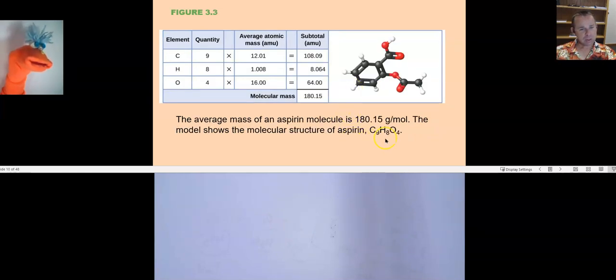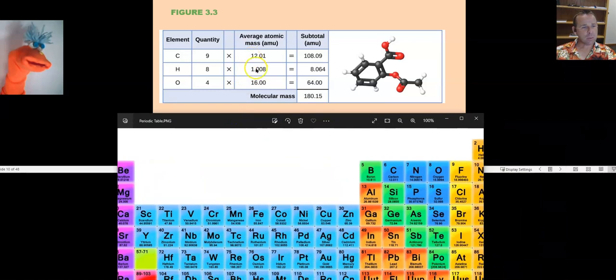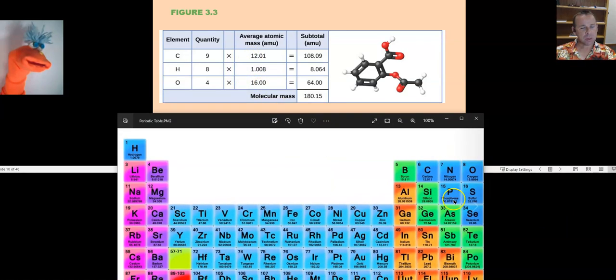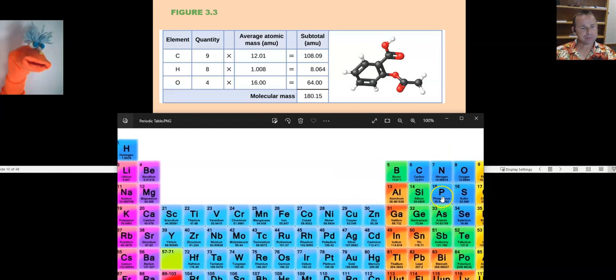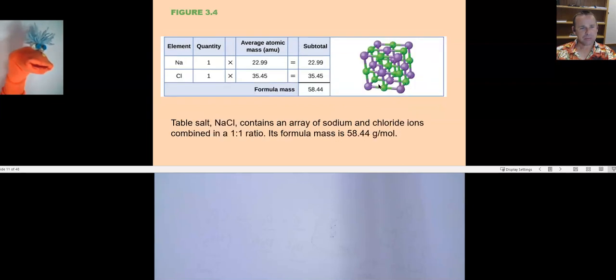Same system, chemical formula, 9 carbons, find the mass, 8 hydrogens, find the mass, 4 oxygens, find that mass. And again, this 12, 1.008, and the 16 are all coming from our periodic table, right? The masses for those individual atoms. And this is how many grams you need if you want to have 1 mole of that given material.